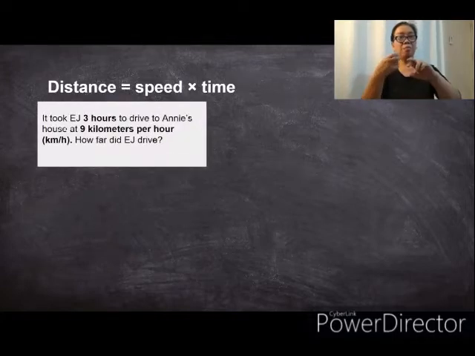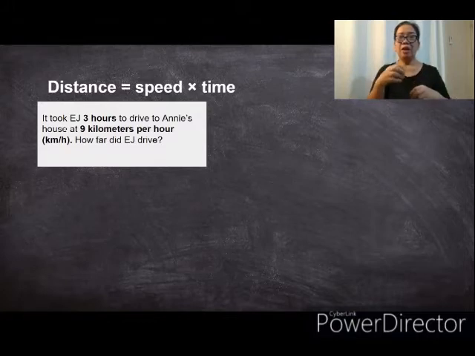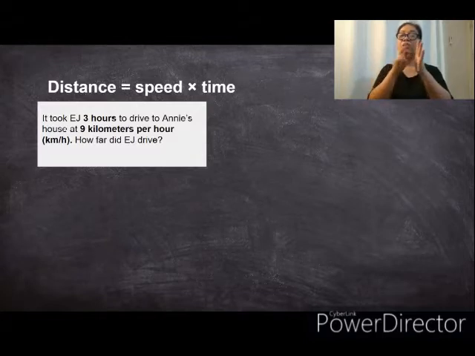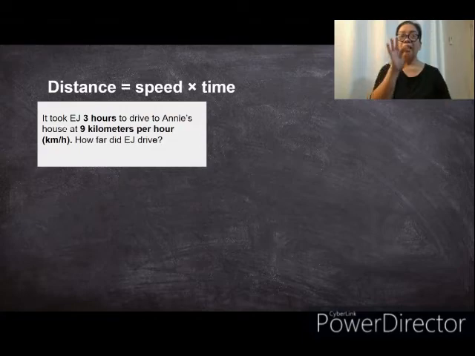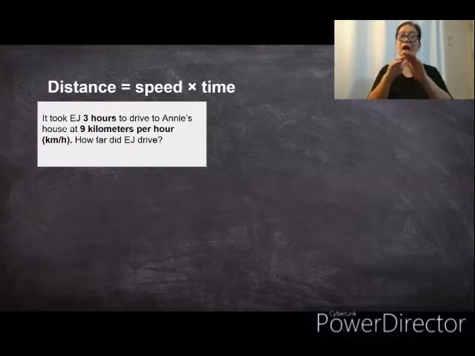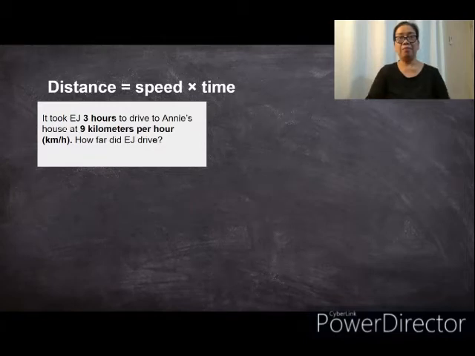In this problem solving, it says that EJ took a 3 hour drive to Annie's house at 9 kilometers per hour. Now, the question is, how far did EJ drive?